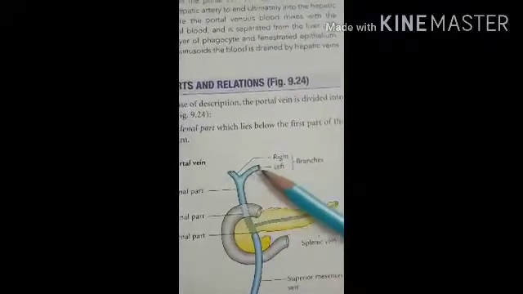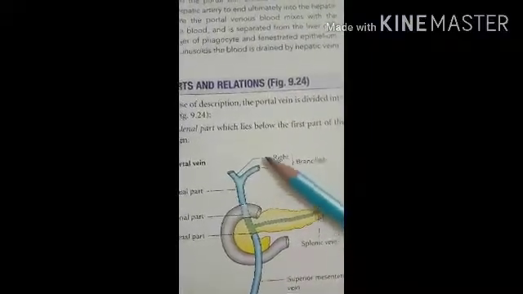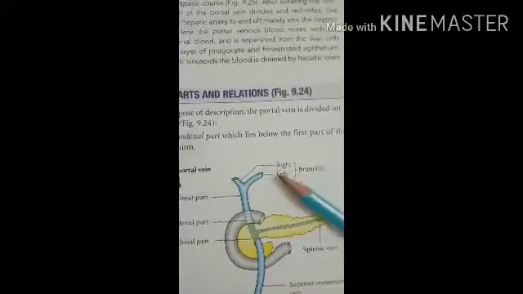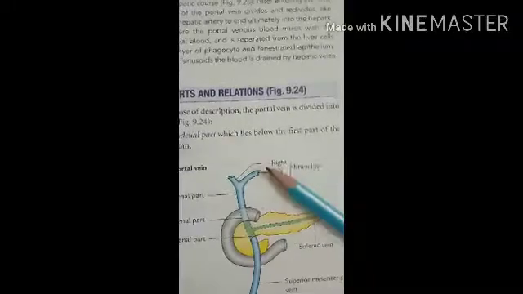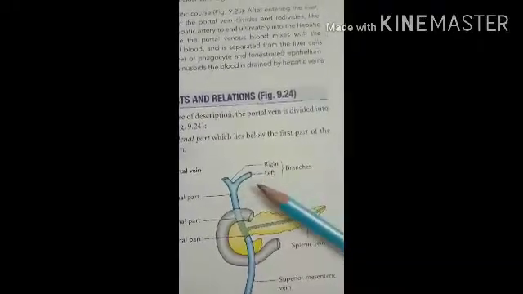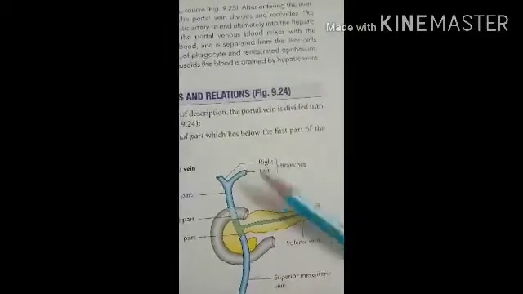The left branch is longer and narrower and passes to the left end of the porta hepatis. It unites with the ligamentum teres and the ligamentum venosum and receives the para-umbilical veins.